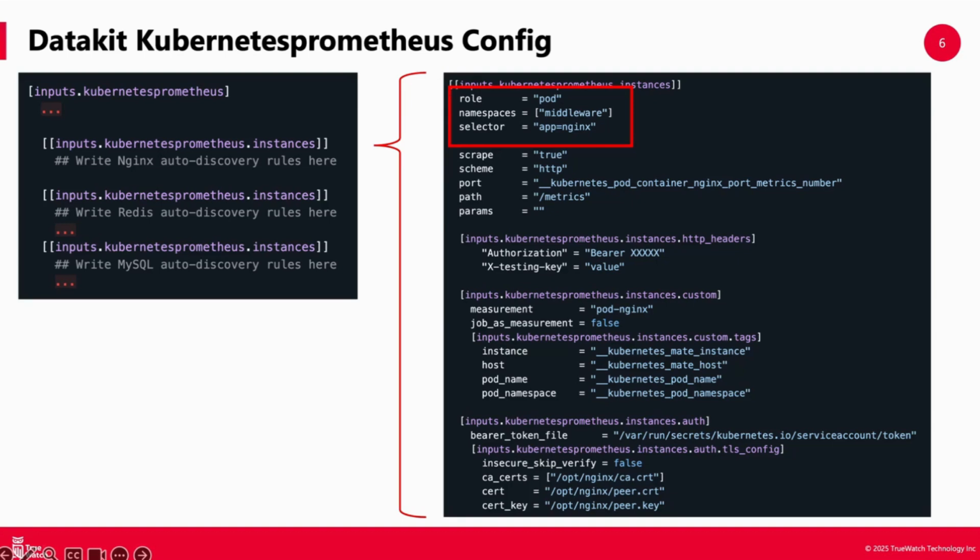Taking the snapshot here as an example, this configuration means that you want to collect the metrics of all pods with the workload type pod and the label containing app equal to ngx in the namespace of middleware.